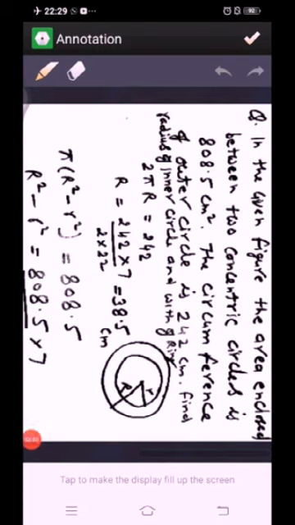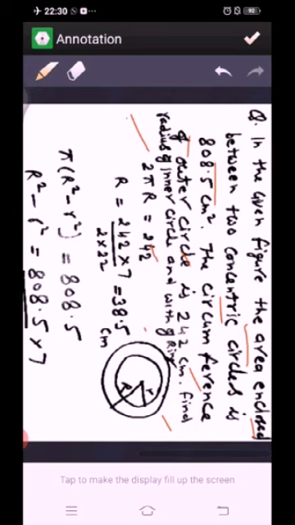Let us see another question. In the given figure, the area enclosed between two concentric circles is 808.5 cm square. The circumference of the outer circle is 242 cm. Find the radius of the inner circle and the width of the ring.